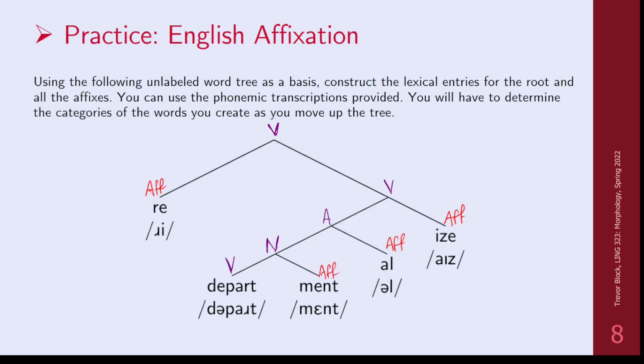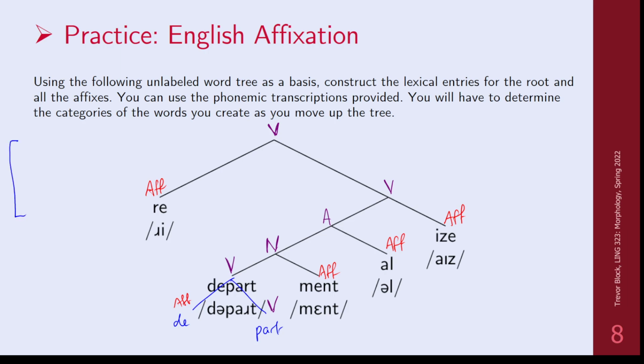Okay, so really depart should split into two other morphemes, de- and part. So this would be a verb, to part, and then we'd have the affix here, de-. But we can just treat depart as one thing for this.